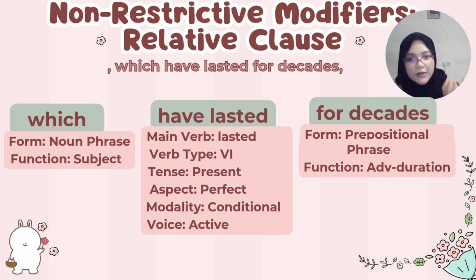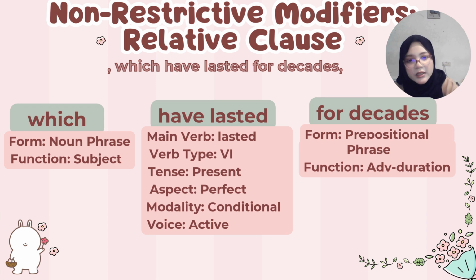For the last one, we have non-restrictive modifiers, or NRM, specifically a relative clause, for the part of the sentence I have chosen, which have lasted for decades. We broke it up into three parts: which, functioning as subject in the form of a noun phrase, and lasted, the main verb.